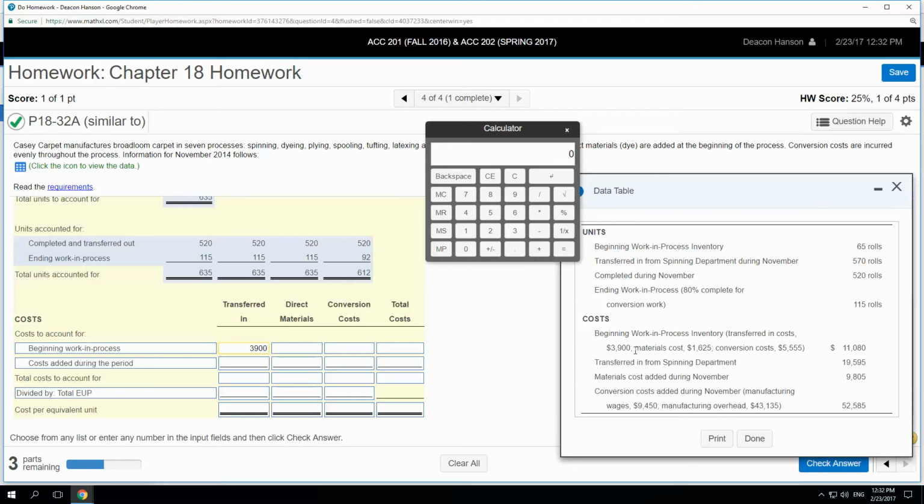The direct materials piece is $1,625. The conversion cost piece is $5,555. And then we add across. That's $11,080.